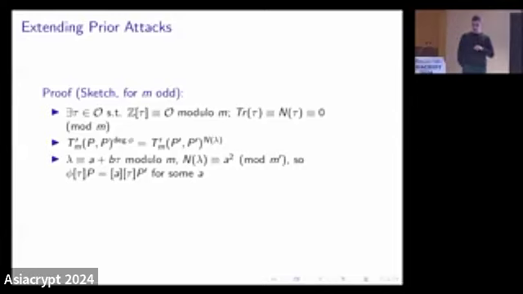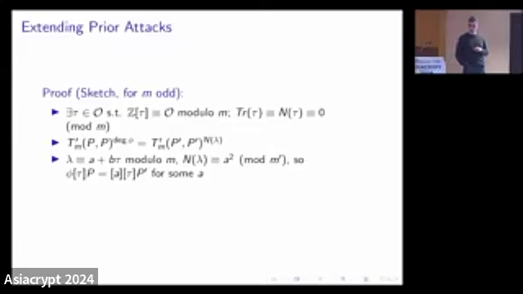And furthermore, if we take lambda to be congruent to A plus B tau modulo M, this will be the case given our previous assumptions, then, sorry, that M prime should be an M here. Then modulo M, the norm of lambda will be a square.